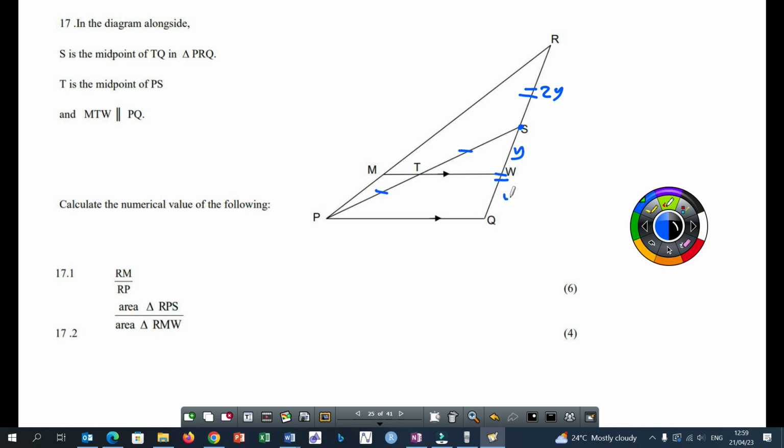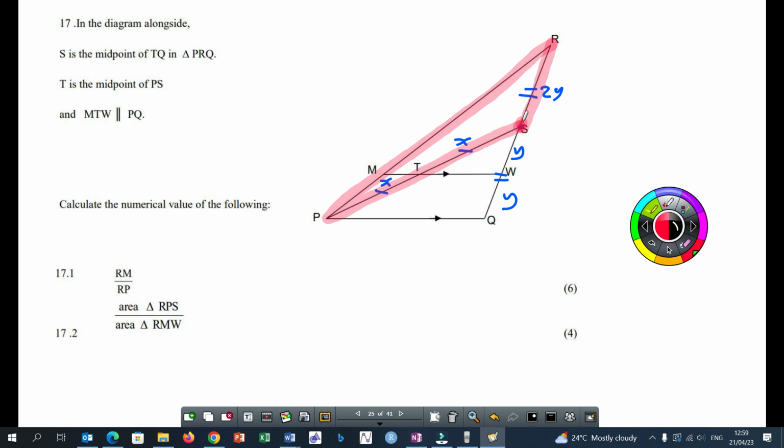So we said this is y, that's y, and I call this one x, and that one x. We now want to determine the ratio of the area of triangle RPS. So let me just highlight it. That's RPS, so that's the triangle there.